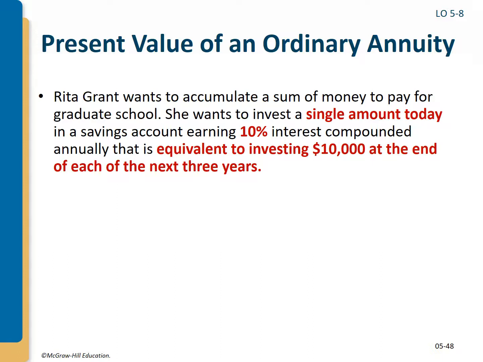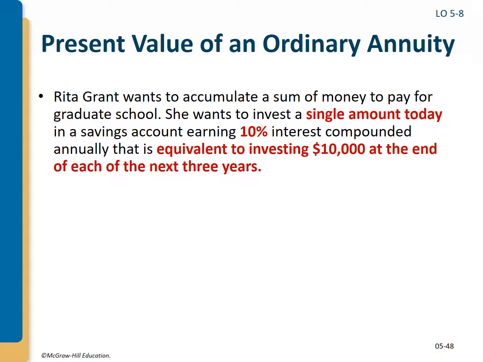So we're trying to figure out how much those $10,000 amounts would be worth if we made one lump sum today. So that's the present value, and since the payments are happening at the end of each year, present value of an ordinary annuity, 10%, so this is table 4, 10%, 3 periods.